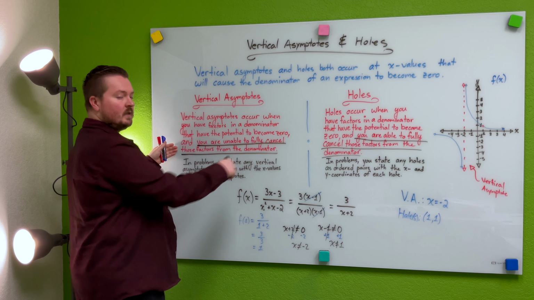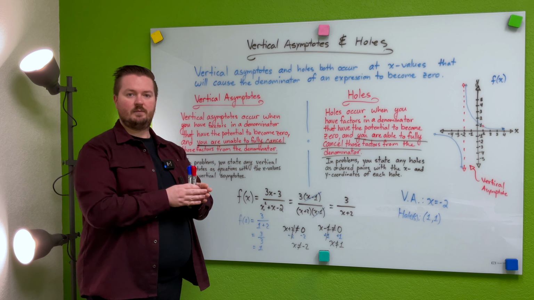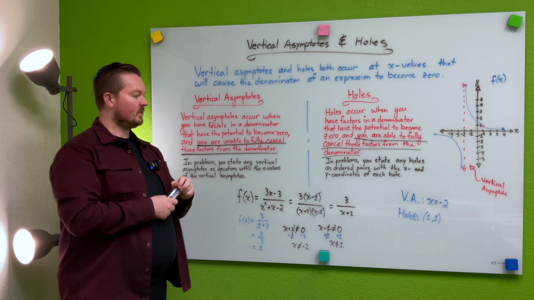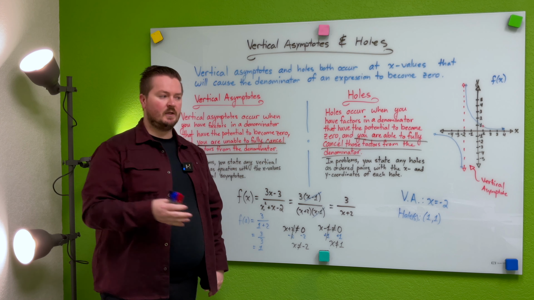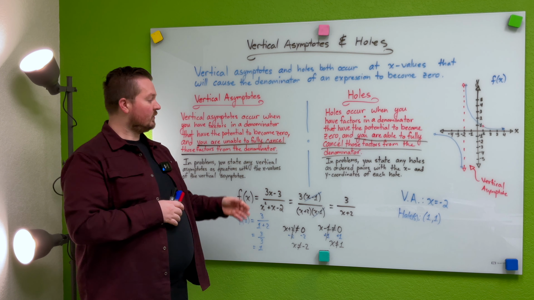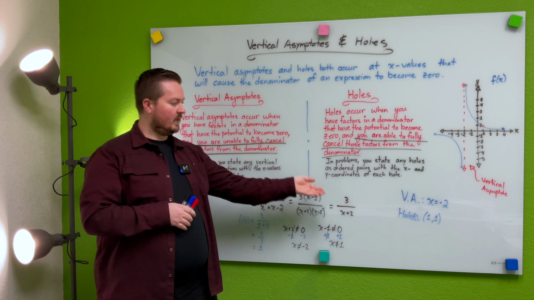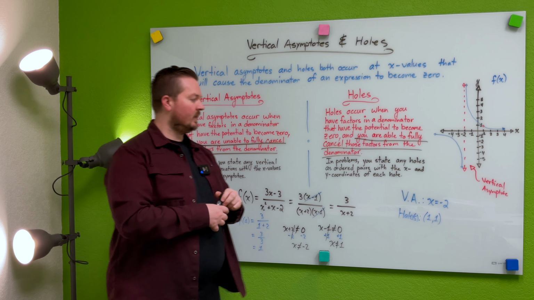These points, these are where vertical asymptotes and holes become different things. So please feel free to come back to this video, jump to the end, just pause it as often as you need, and just look over these details and what your answer should look like on tests and homework anytime you need.